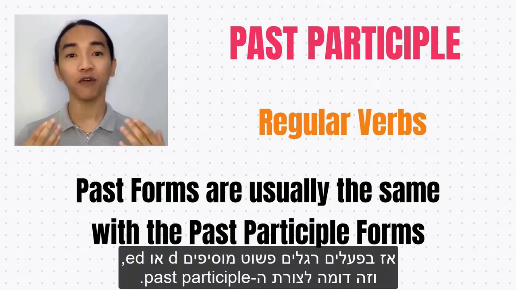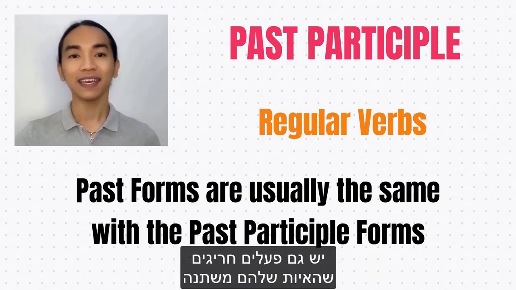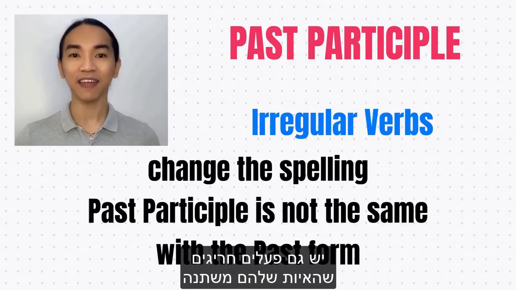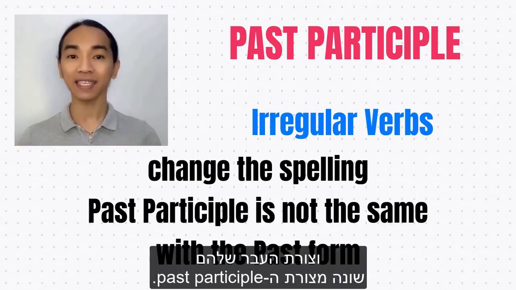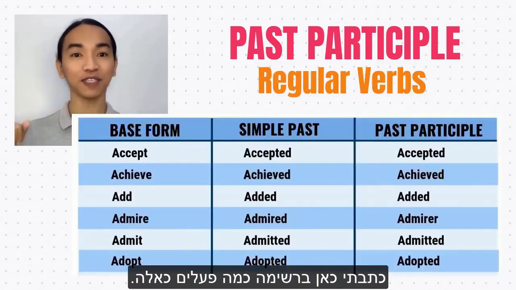So for regular verbs, you just add D or ED, and that is similar to the past participle form. Now, there are also some irregular verbs that change their spelling, and their past form and past participle forms are actually different. So I have listed here some of those verbs.